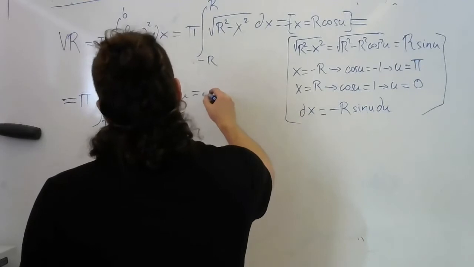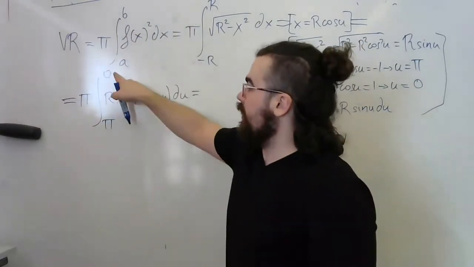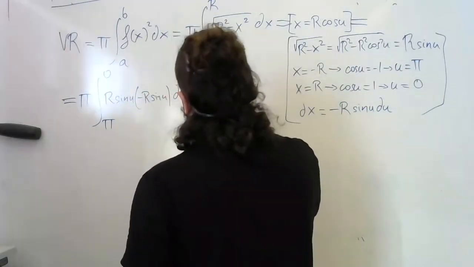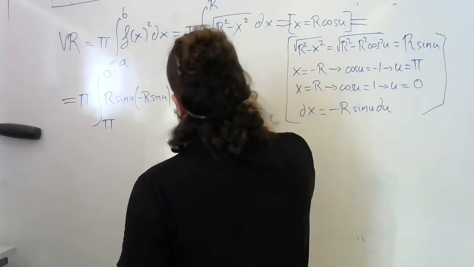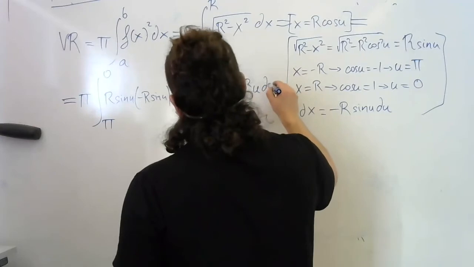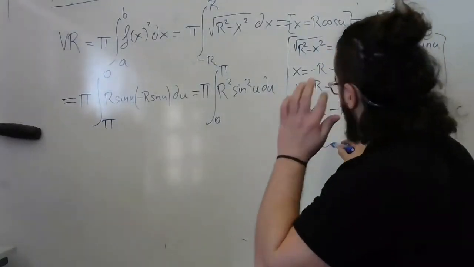So with this minus, I'm going to swap the limits of integration. Now I need to use the magic trigonometric identities again.